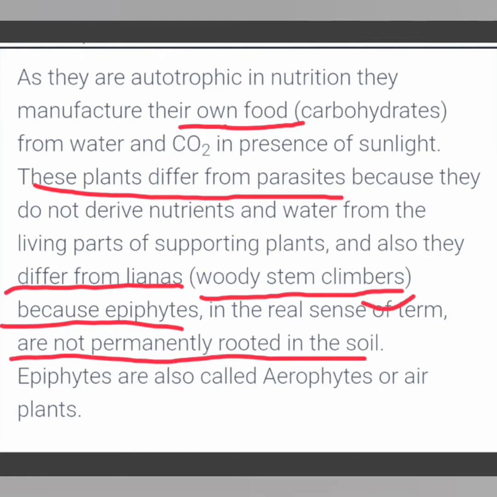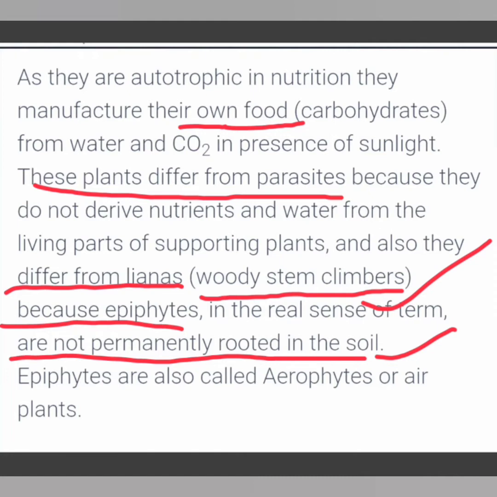While woody stem climbers grow upon other plants, they are actually rooted in the soil. So epiphytes differ from parasites because they make their own food, and they are different from woody stem climbers because they are not rooted in the soil.